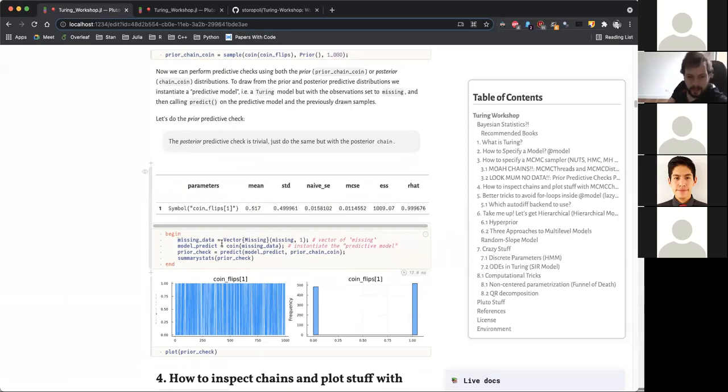But the thing is that we need to expand the missing data dimensionality, and somehow I kind of forgot how to do that, or I'm doing something strange and I'm getting an error. But go to the tutorials and go to the Turing documentation and you will find how to do more robust or larger prior predictive checks.